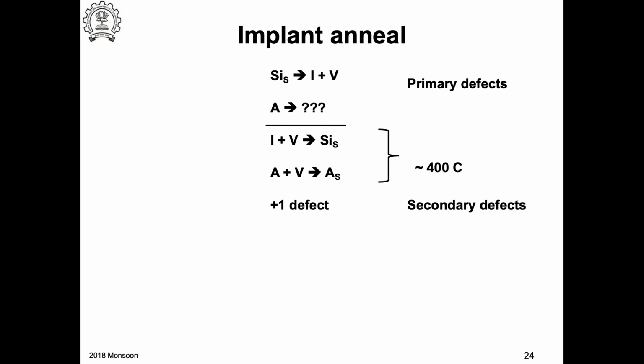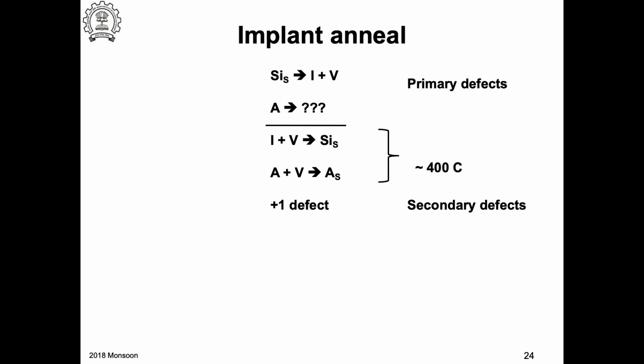Now you annealed it, the silicon went back to its position. What about the dopant? It's not active because it is not in a substitutional site. The other possibility is that the dopant combined with a vacancy, so it occupied a substitutional site. So it is active.